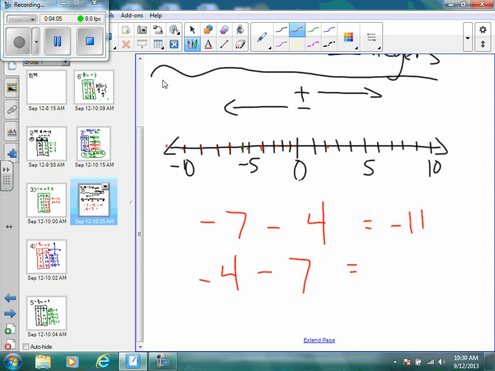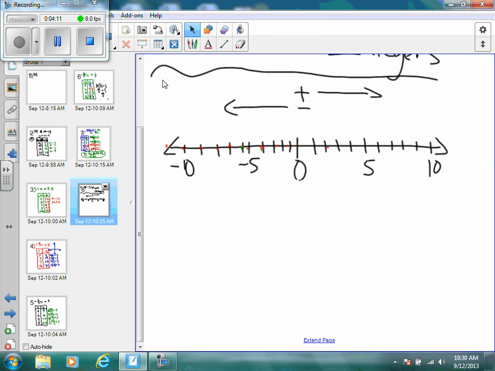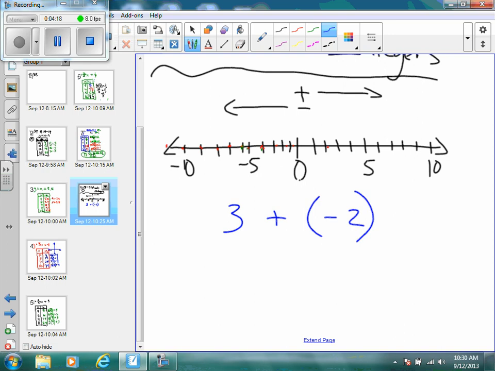Right? Okay. There is one thing that we need to look at. Yesterday we had problems that looked like this. If you had a 3 plus a negative. And we came to the conclusion that when we add a negative, what are we really doing? So it's really saying this, okay?